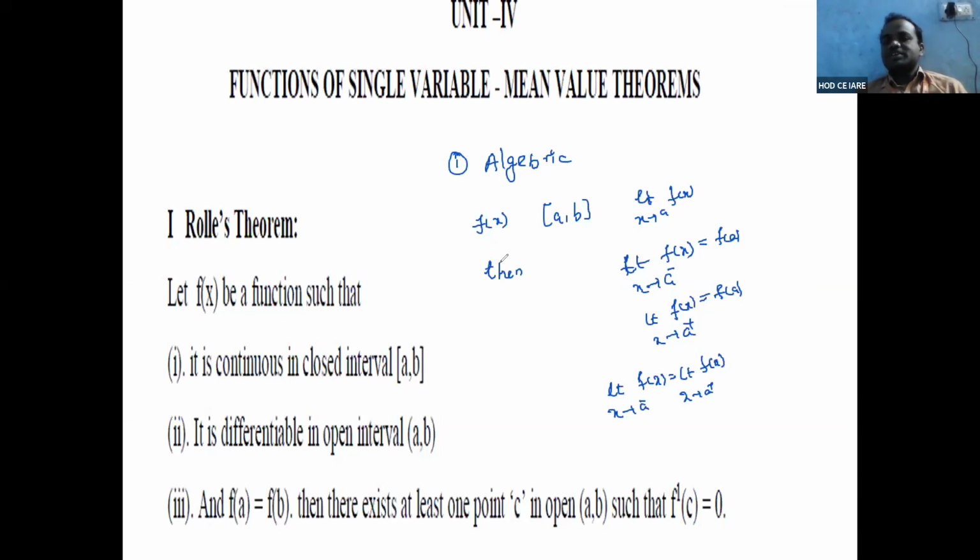For some point c, a is less than c and c is less than b, limit x tends to c minus f of x is equal to limit x tends to c plus f of x. That is a continuous function. We can write this condition.